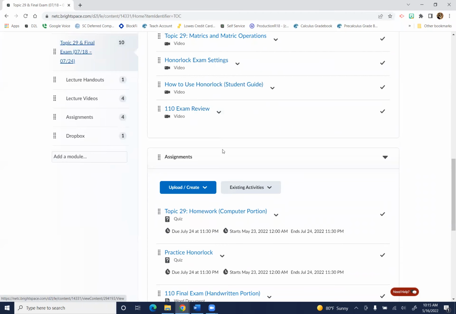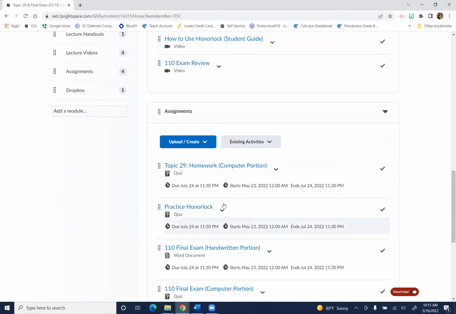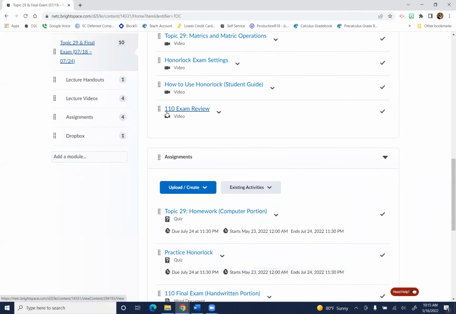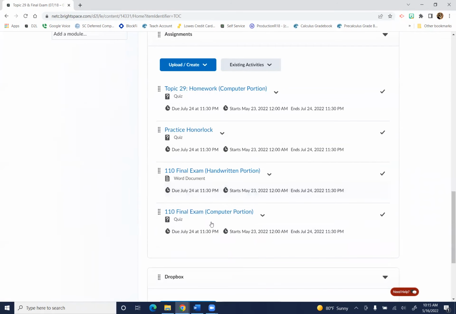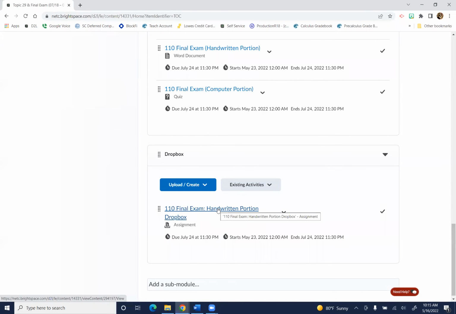So after you watch these two videos, please practice Unlock. This practice Unlock is basically practicing how you actually authenticate yourself. And once you finish practice Unlock, I need you to watch the final 110 exam review and complete both portions of the final exam. Okay, and here are the Dropbox for the handwritten portion.